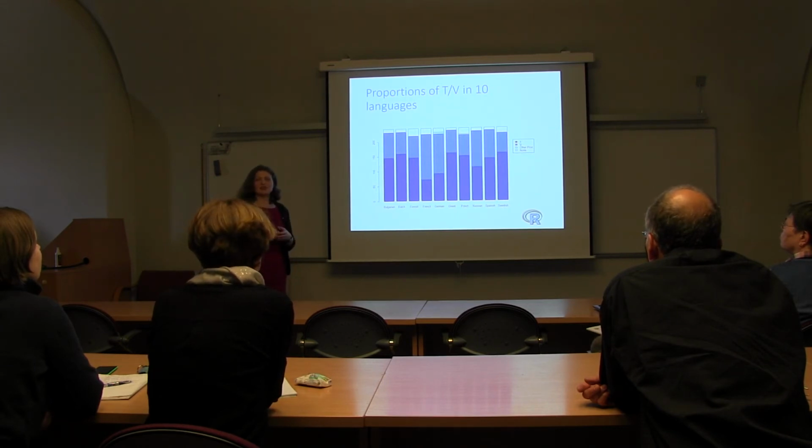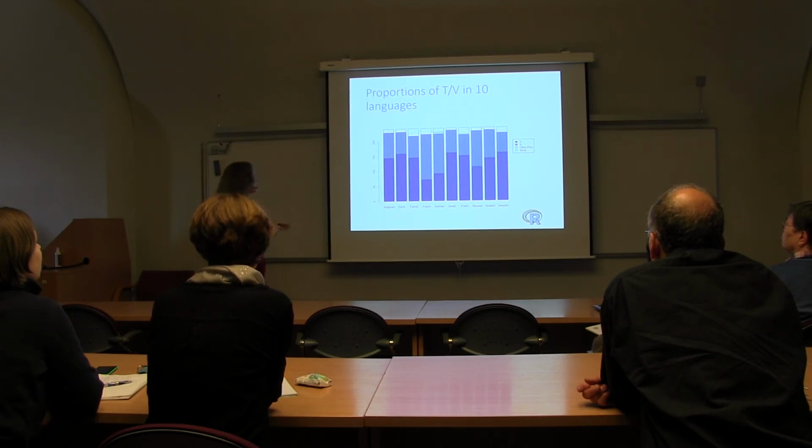This supports previous research about Finnish: it has a lot of different strategies for when people don't want to make a choice between T and V. They prefer to use something else and not be forced into making this decision, which can be very face-threatening, of course.